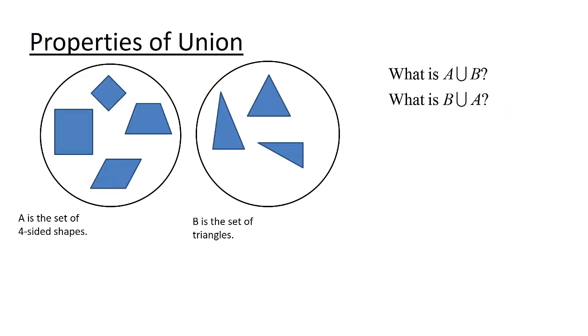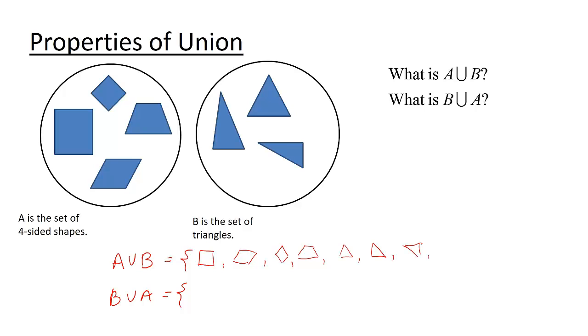The union operation has some properties that might be nice to know. Take a moment to determine the union of A and B, as well as the union of B and A. In this case, A and B don't share any shapes, so A union B is going to consist of all 7 of these shapes. And the same is going to be true for B union A. It's going to contain all 7 of these shapes.